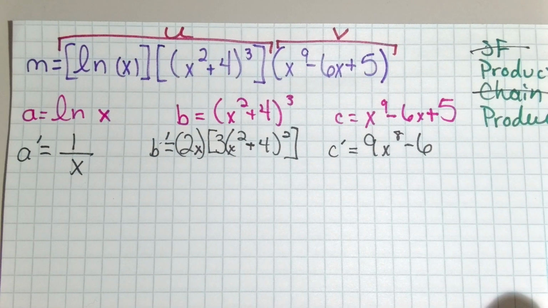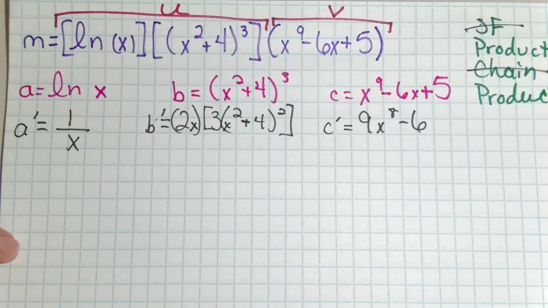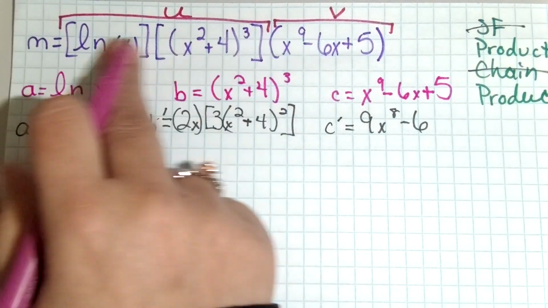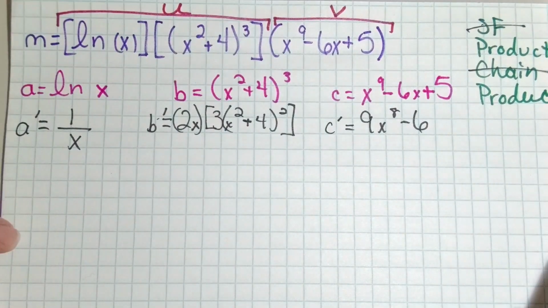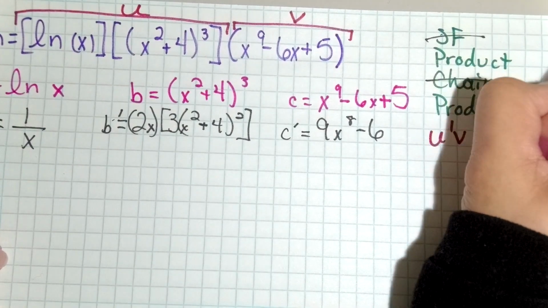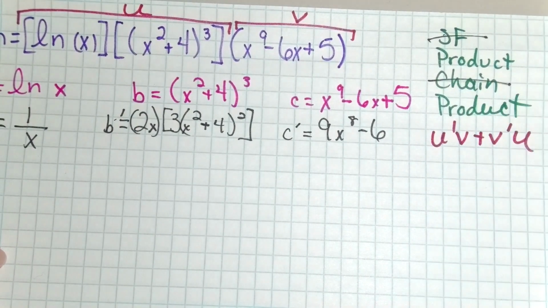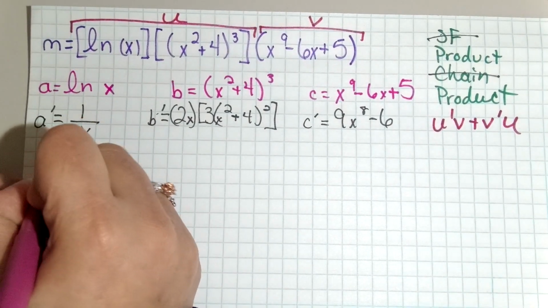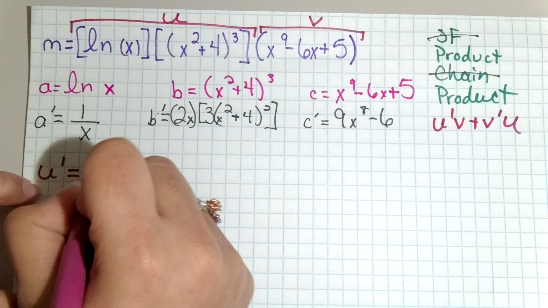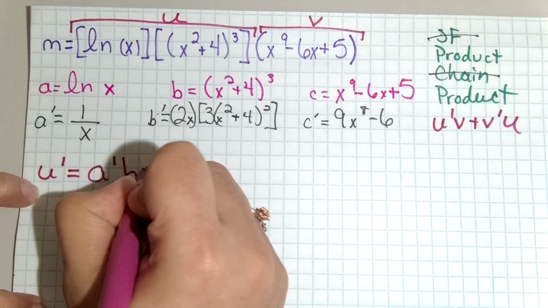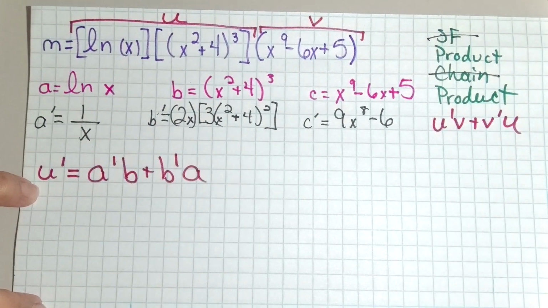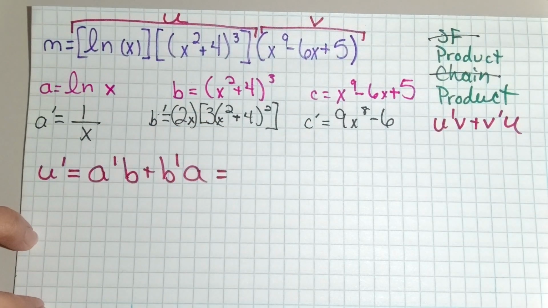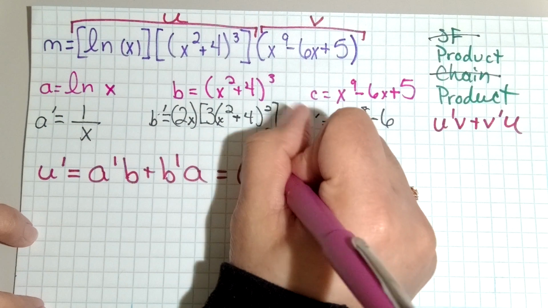Got it? Okay. So I am going to find the derivative of U. Remember that the product rule is U prime V plus V prime U. But because I have A and B, I'm just going to switch. So I have A prime B plus B prime A. And I'm just going to fill that in. A prime is 1 over x.